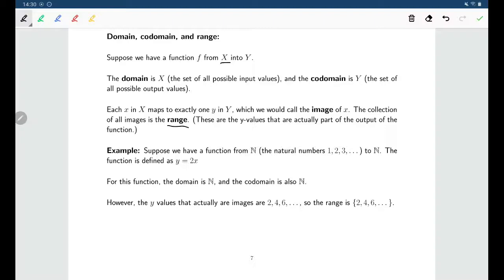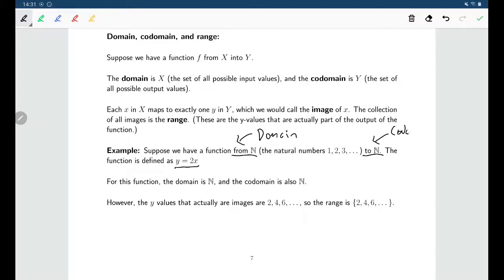So the distinction between the codomain and the range is this. Suppose you're defining this function y equals 2x, and you're saying it's a function from the natural numbers to the natural numbers. So I'm specifying that the natural numbers would be my domain, and the possible output values are going to be natural numbers too.